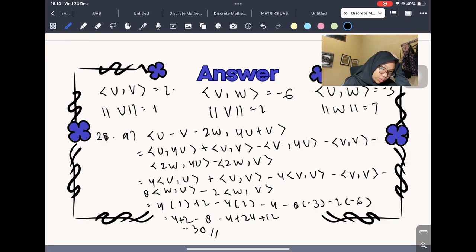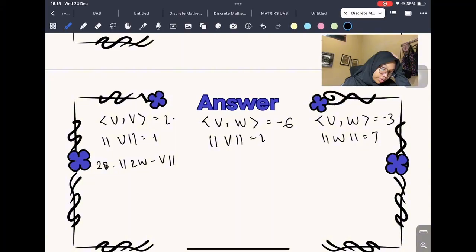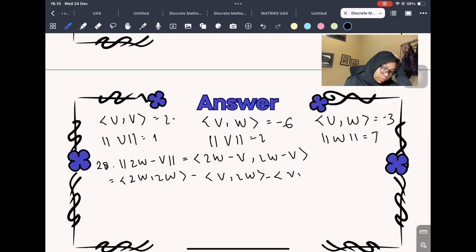Finally, the last question is 28 part B. Again, we square the norm first. So the inner product of 2w minus v with 2w minus v. Expand: 2w and 2w, minus 2w and v, minus v and 2w, plus v and v. Pull the constants and substitute.